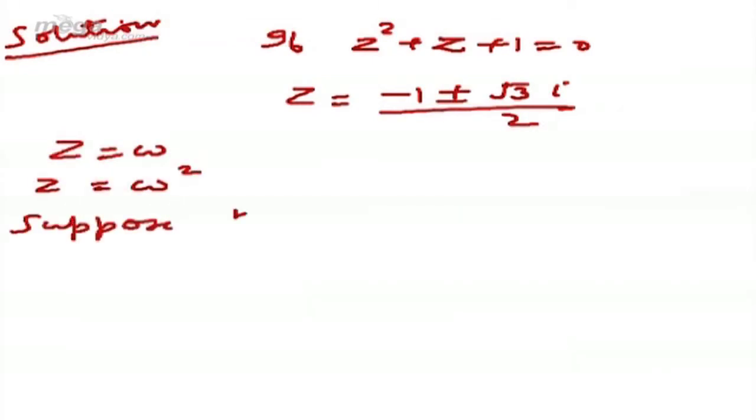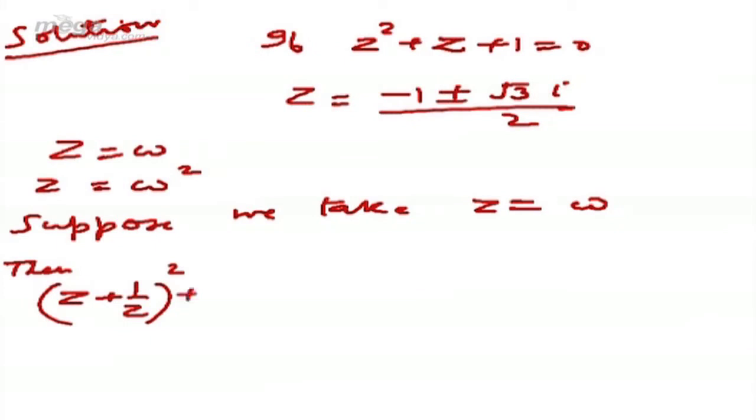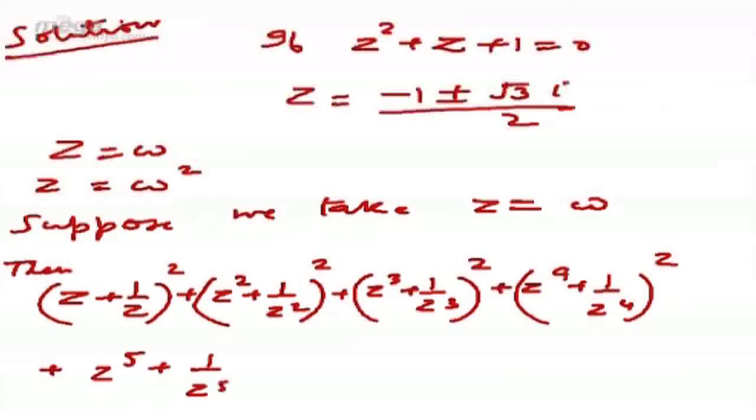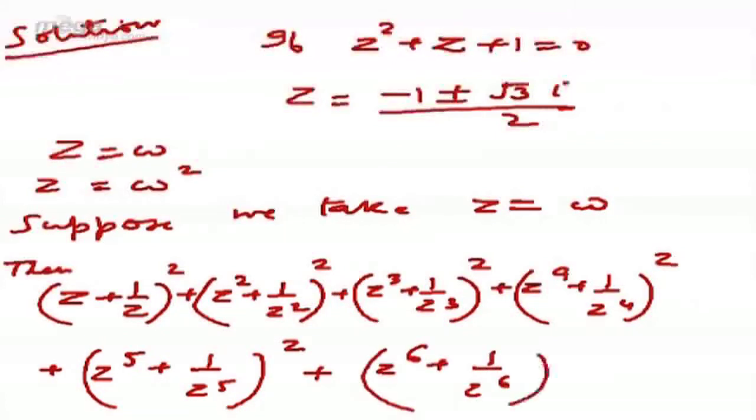Suppose we take z is equal to omega, then (z + 1/z)² + (z² + 1/z²)² + (z³ + 1/z³)² + (z⁴ + 1/z⁴)² + (z⁵ + 1/z⁵)² + (z⁶ + 1/z⁶)².